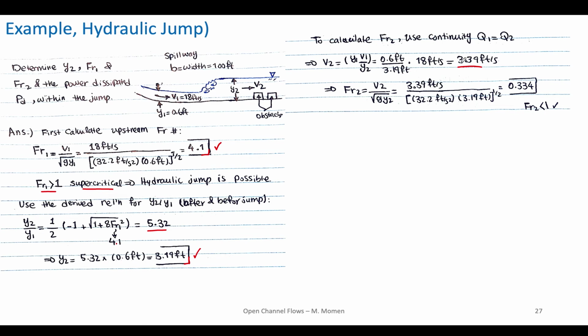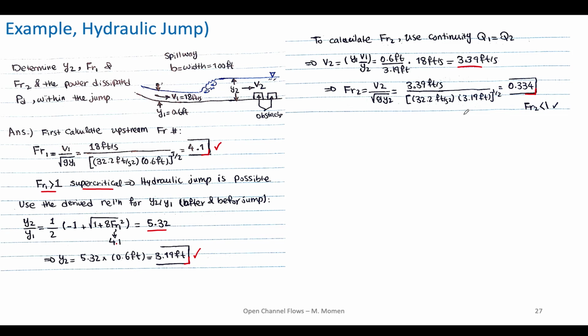So now we just put it into the definition of the Froude number at the downstream. Froude 2 equals V2 over the square root of gY2. So V2 is 3.39 foot per second, g is 32.2 foot per second squared, times Y2, which is 3.19 foot. We take the square root of that and calculate this Froude number, and this gives us 0.334.